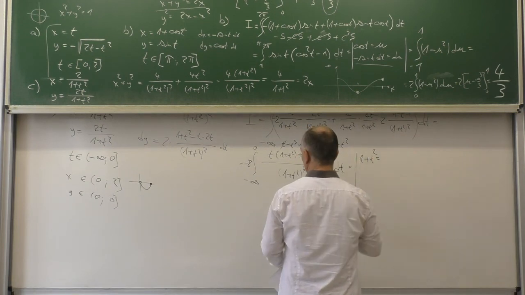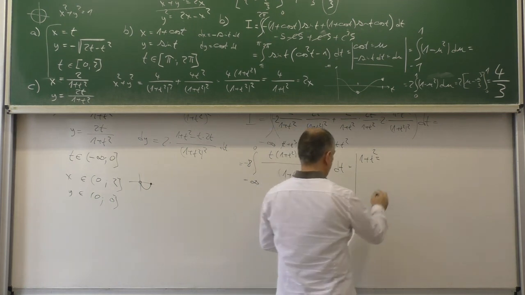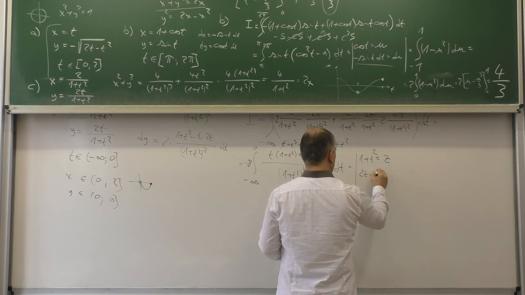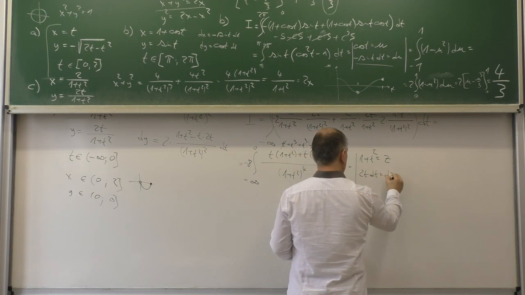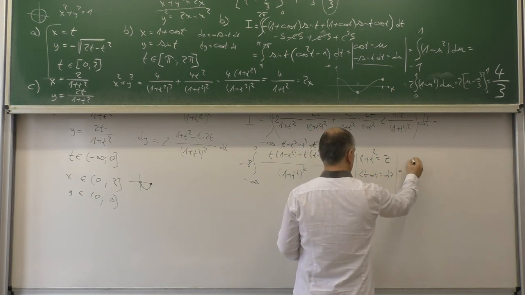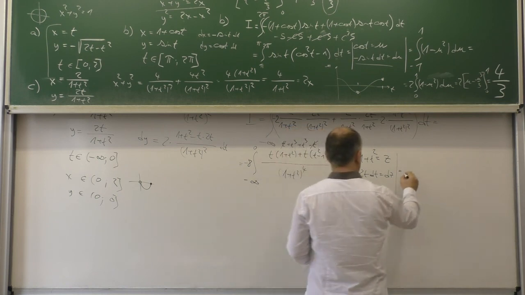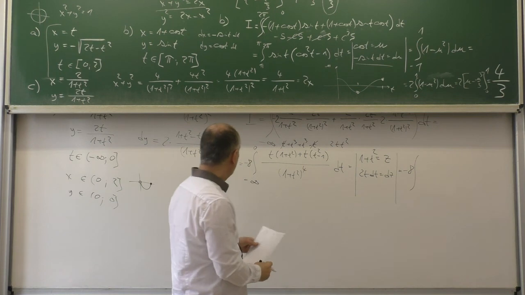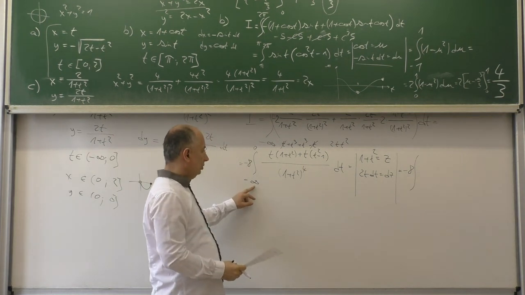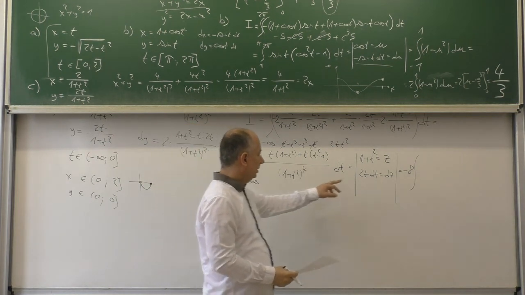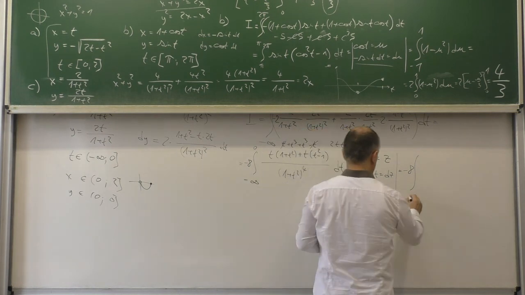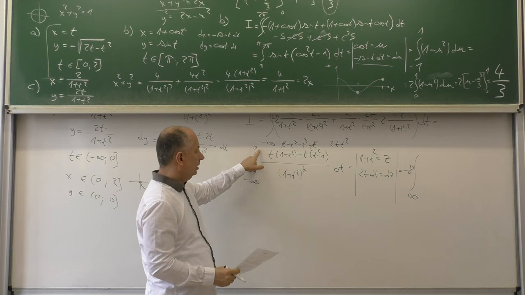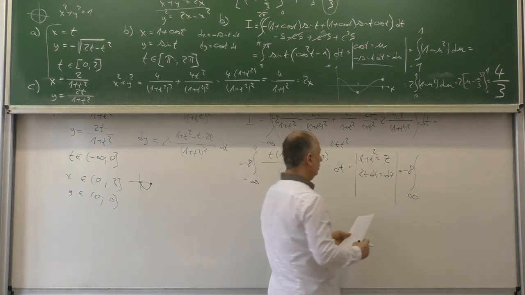Say that z equals 1 plus t squared, then 2t dt is dz, and we have minus 8 integral. When t goes to minus infinity, then z goes to plus infinity, and when t goes to 0, then z goes to 1.